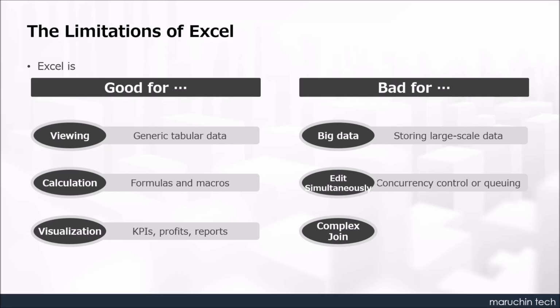Excel does not have built-in features for concurrency control or queuing. Furthermore, it cannot be used for processes that involve joining a large number of tables. While Excel is fine for individual use or small teams, it cannot be used for use cases where hundreds of users are editing simultaneously.